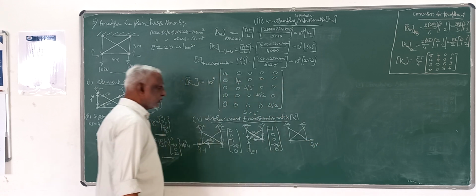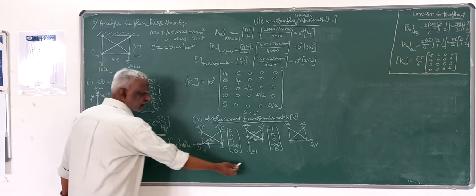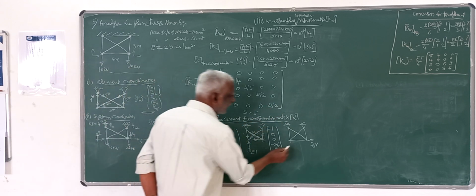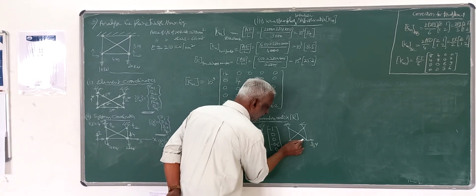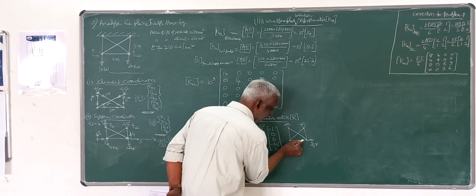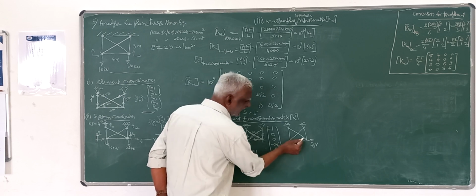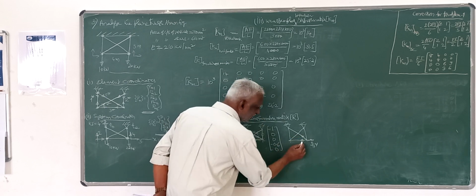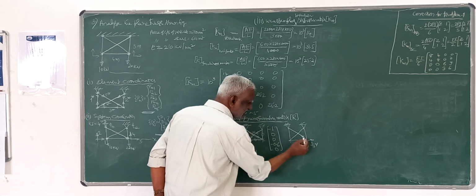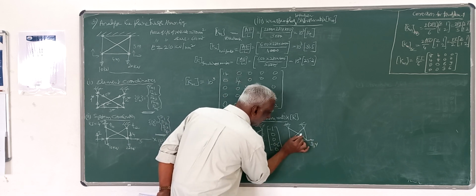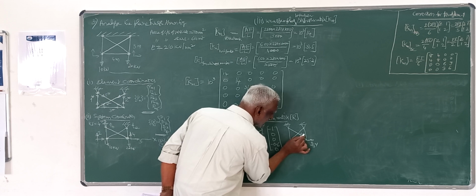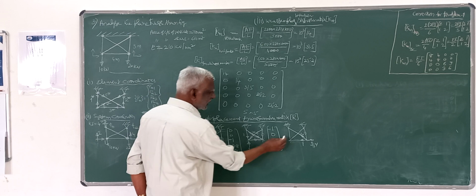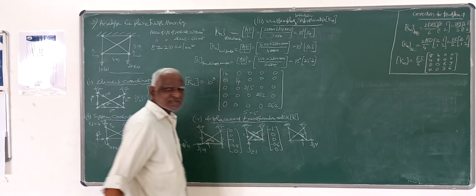D3 is equal to 1. D1 is 1, D2 1, D3 1. On the same lines, here I have given unit displacement. Here it should be this way, opposite to that. Here also it should be this way only. So this is 1, this is the cosine component, it has to be 0.8. Here of course it is a vertical member, 0. But all others are 0.